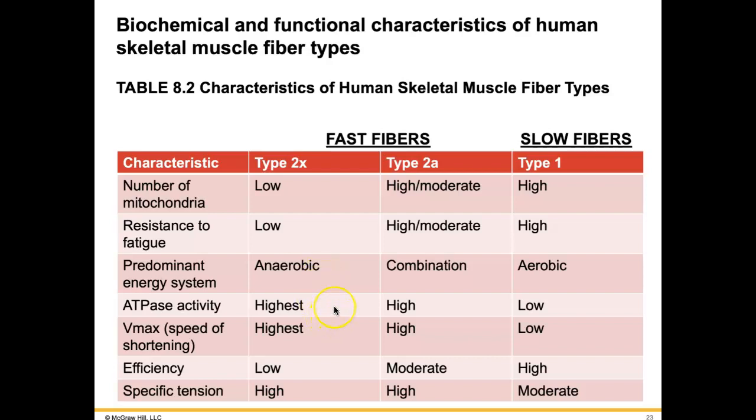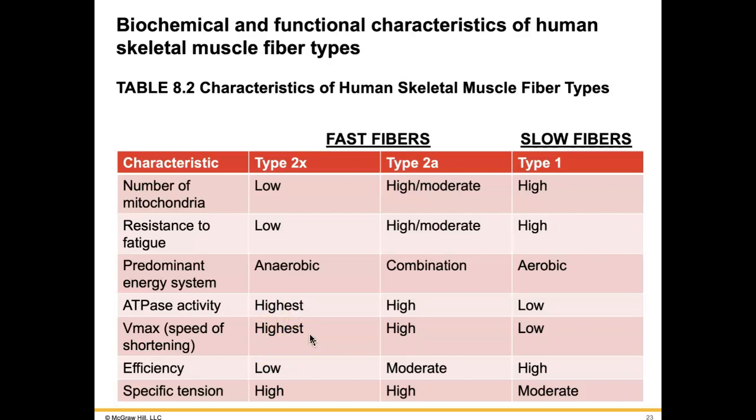Now, what about our ATPase activity? We are going to see that our fast glycolytic muscle fibers are going to have the highest amount of ATPase activity because they are so great at getting the highest Vmax. So I'm going to pair this with what we see next over here, the speed at which we are able to shorten.